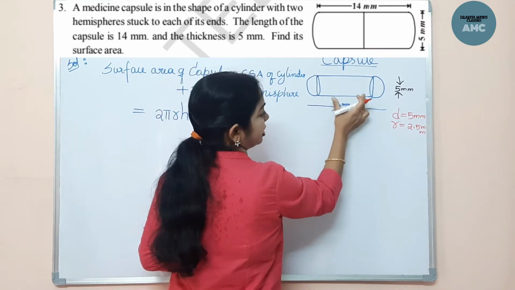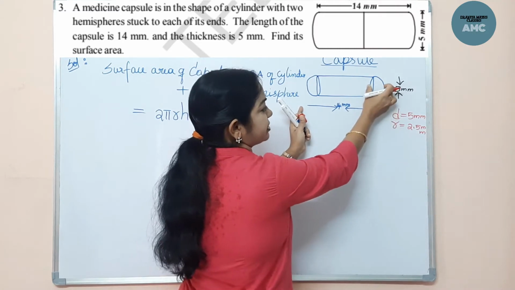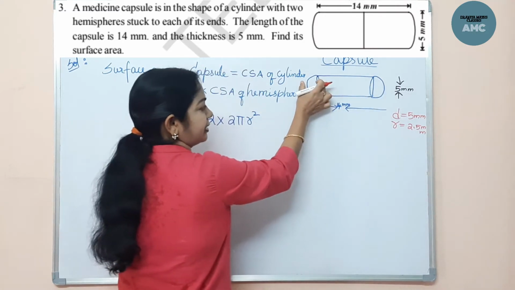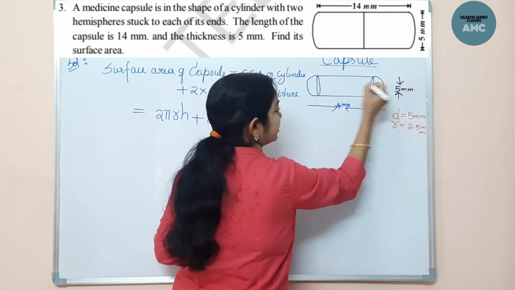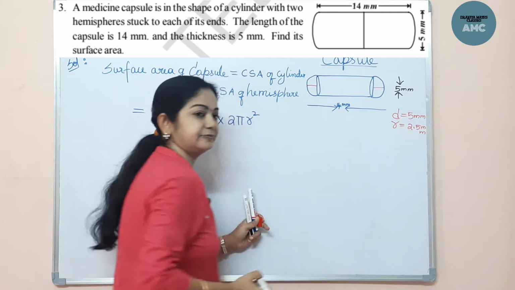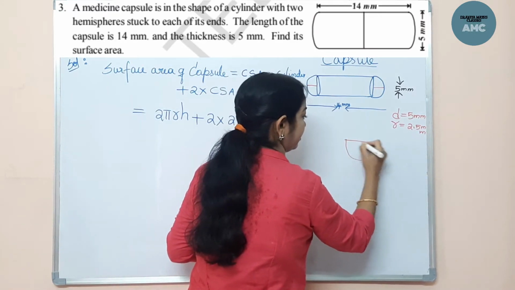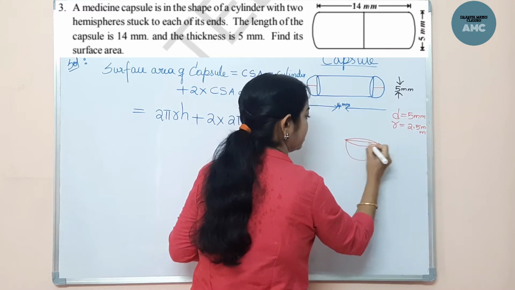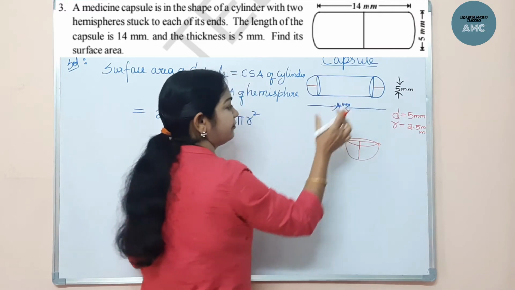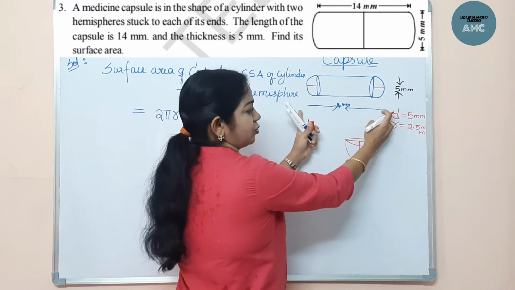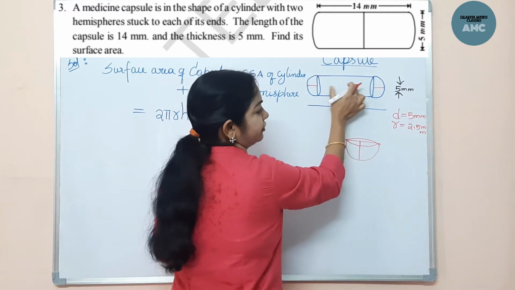How do I get h? If you see clearly in the diagram, the complete length is 14. I have to subtract this part and this part. In any hemisphere, this part is the radius. So if I subtract the radii from the total length, I get only this part, that is h, the height of the cylinder.